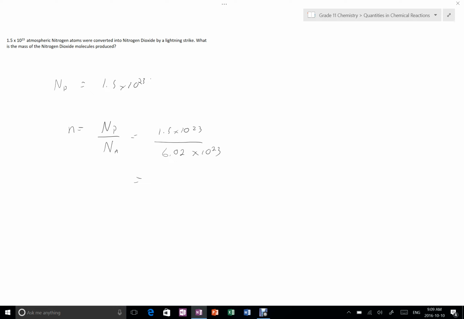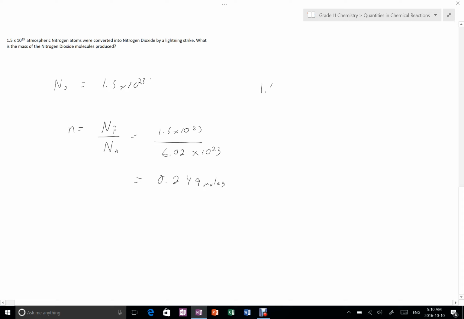So that works out to 1.5 divided by 6.02, which is 0.249 moles.